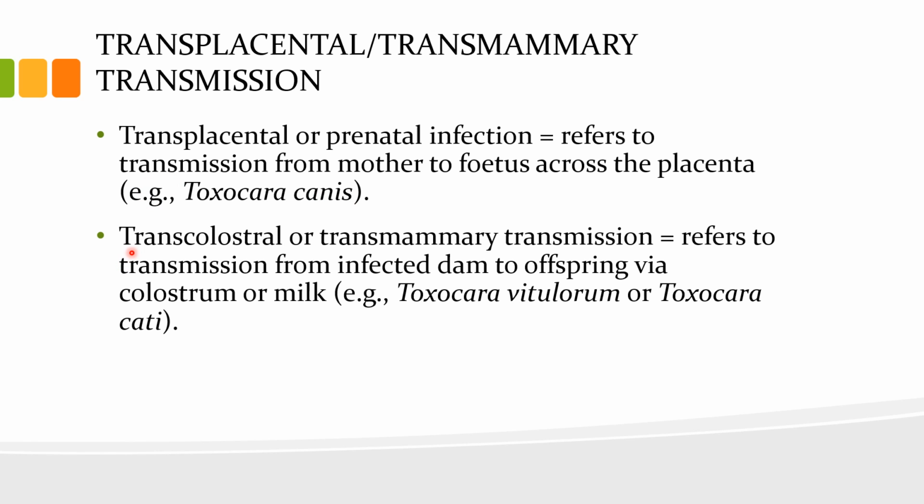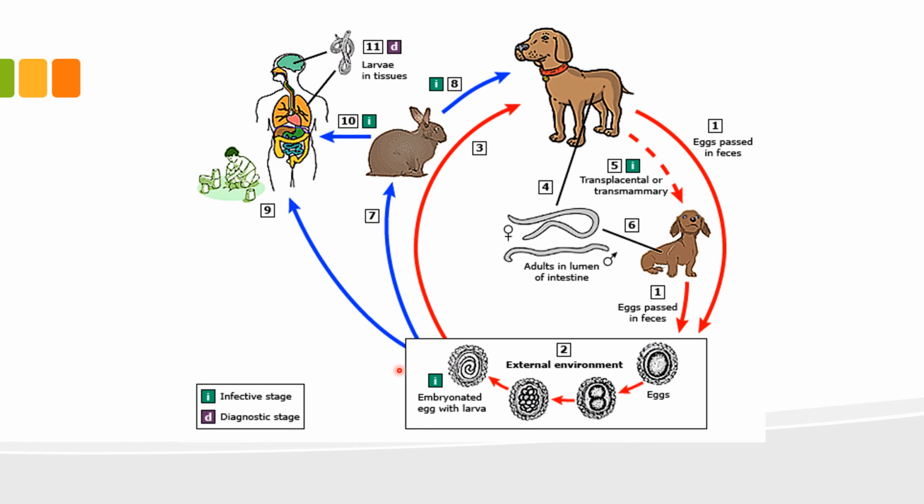We also have the transmammary or transcolostral transmission, and this refers to the transmission of the parasite from the infected dam to offspring via colostrum or milk. Examples of parasites that exhibit this mode of transmission are the helminth parasites Toxocara vitulorum and Toxocara cati. An example of a parasite that exhibits transplacental or transmammary routes of transmission is Toxocara canis.